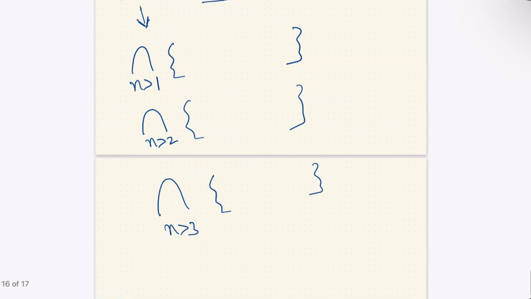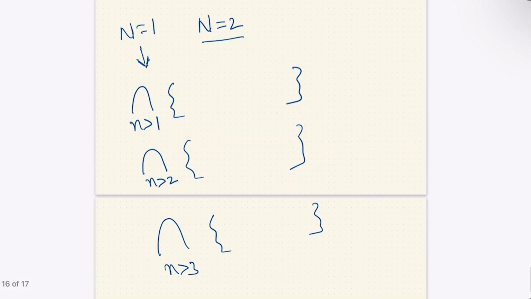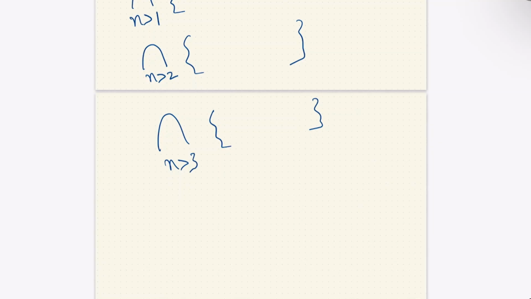Intersection of all these stages, this capital N, what is it determining? For every choice of n equal to 2, n equal to 3, as it goes to infinity, you keep continuing till that capital N for all possible stages.